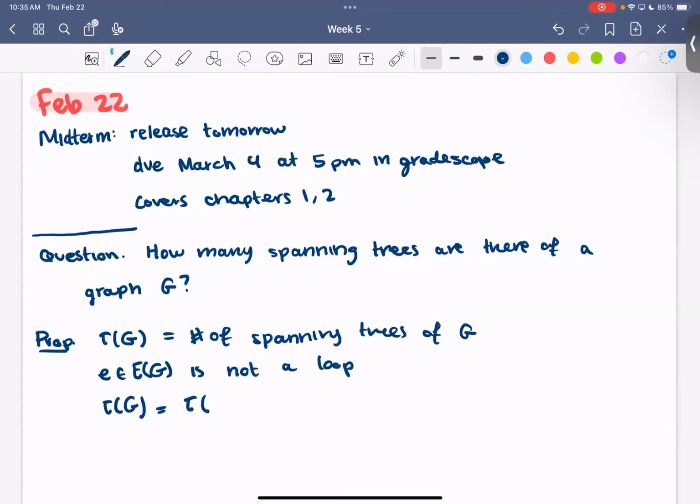One is G minus E. If we take out the edge E and compute the spanning trees of that graph, that corresponds to spanning trees of the original graph that don't go through that edge.